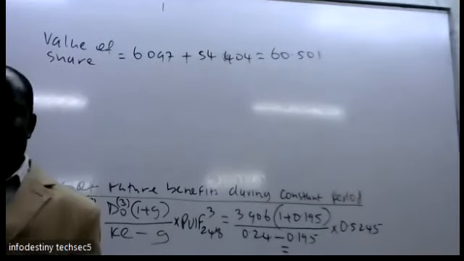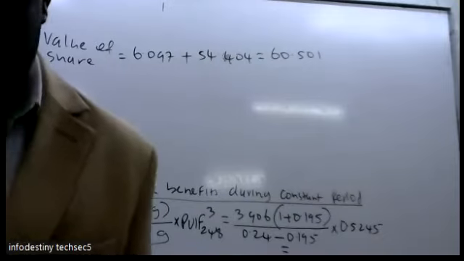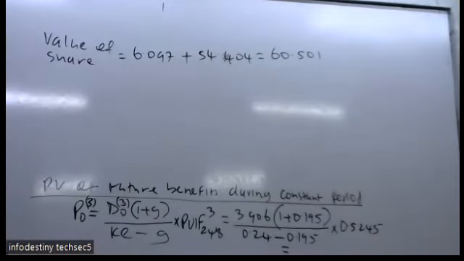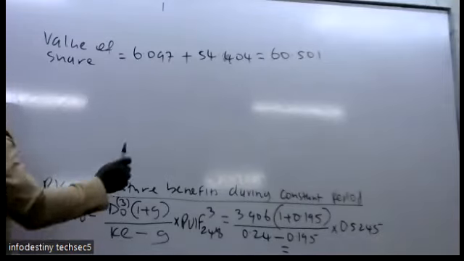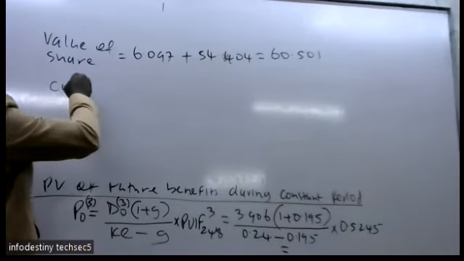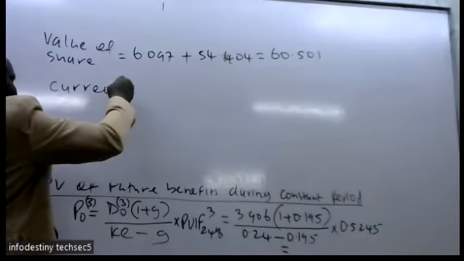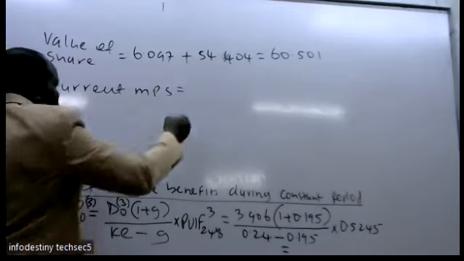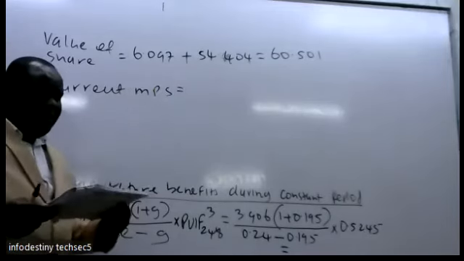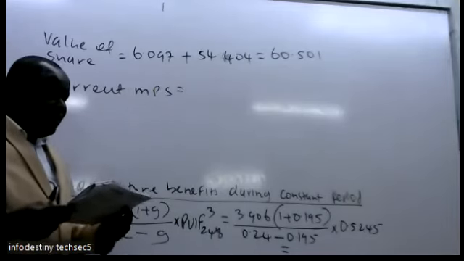That now should be the value of that particular share. They were asking you to state whether it is currently overvalued or undervalued. So we compare that with the current market price. The current market price was given to you in note number 5.